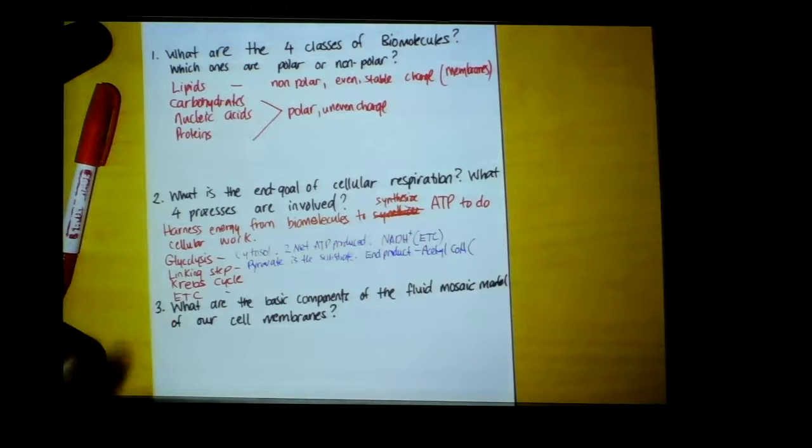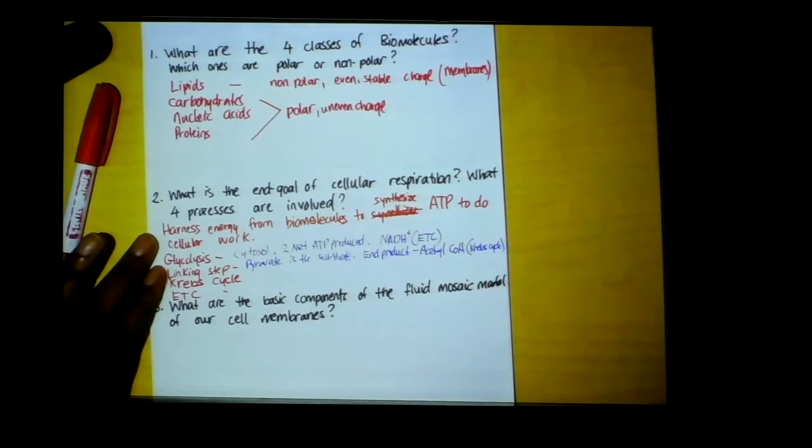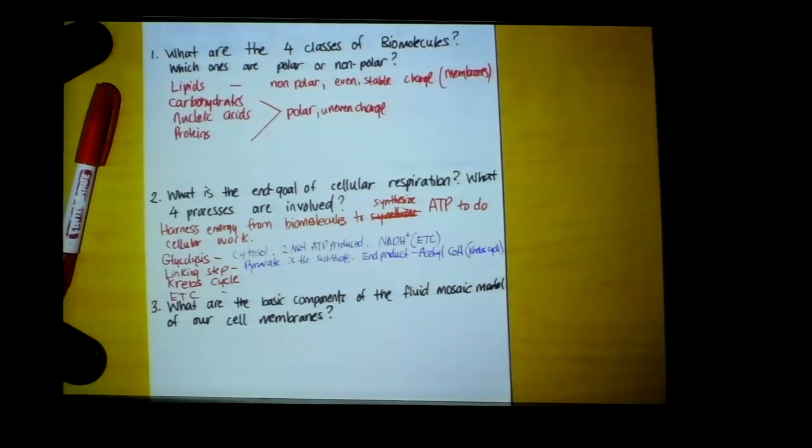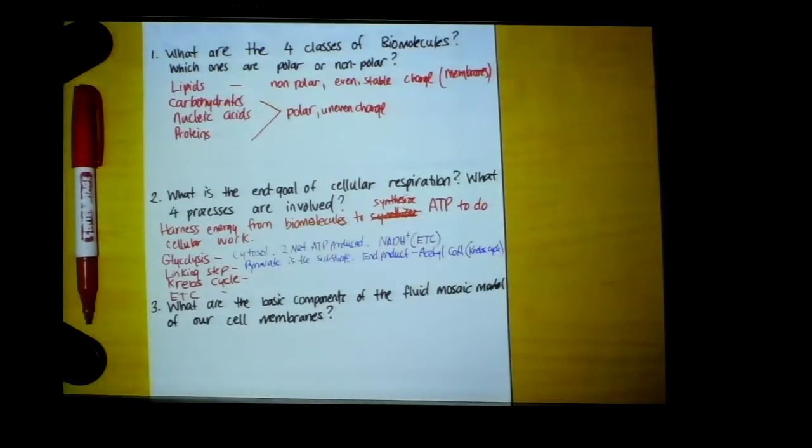And that acetyl-CoA goes where? To the next step, right? To the Krebs cycle. Okay, now we get to the Krebs cycle, and what's the substrate of the Krebs cycle? We know it's acetyl-CoA. What's the overall goal of the Krebs cycle? And what are the end products that are released?